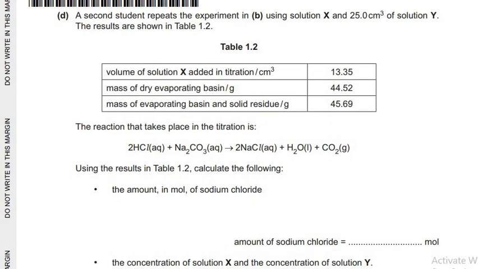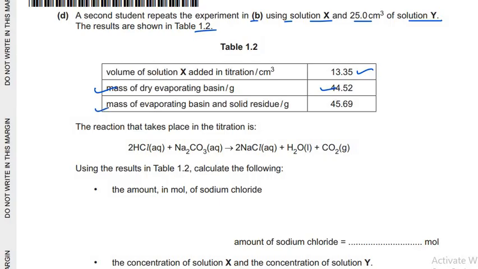A second student repeats the experiment in B using solution X and 25 centimeter cube of solution Y. The results are shown in table 1.2. The volume of solution X added in titration is 13.35. Okay. Mass of the dry evaporating basin is 44.52 gram.